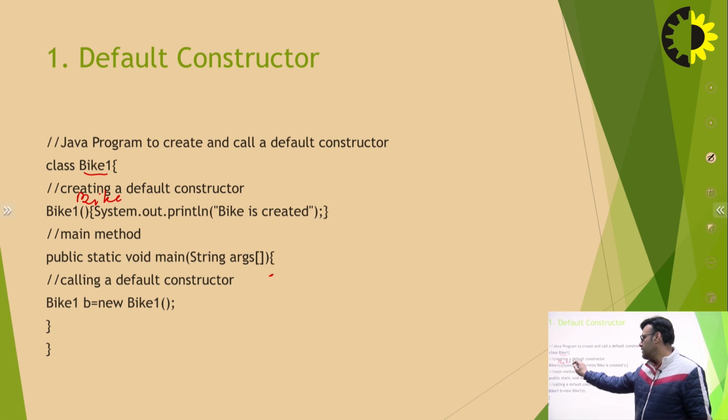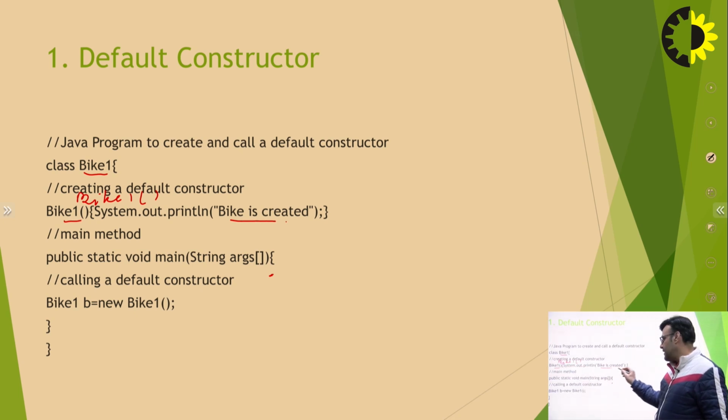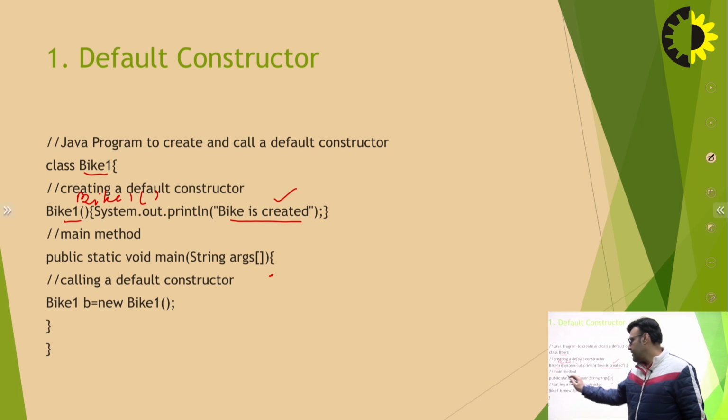This bike1 is my constructor, and under this default constructor I have written system.out.println. I am just printing "bike is created". Whenever I run this program, this default constructor is called and it will print "bike is created".